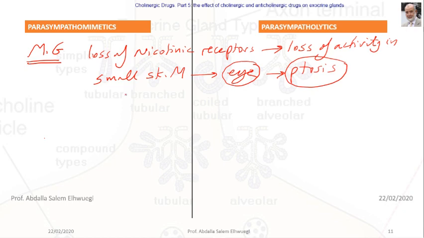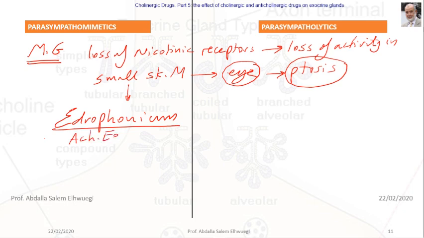And then this effect will involve others. It is a progressive disease. It progresses to other larger skeletal muscles, producing paralysis of all skeletal muscles. So what they do at the beginning, they give edrophonium, as we know, an anticholinesterase of very short duration of action.